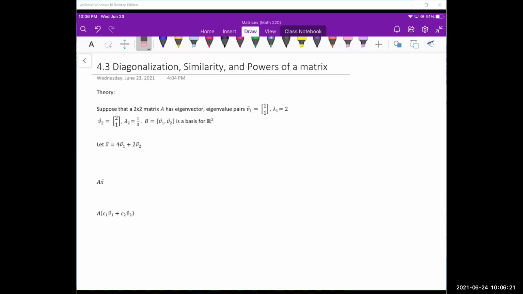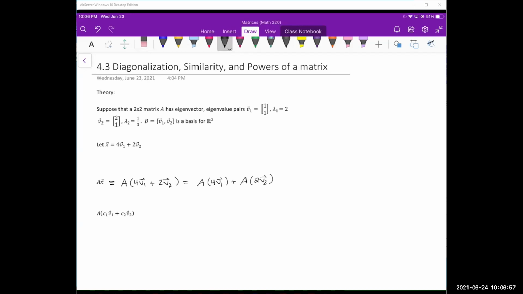If we take any old vector, in this case we're going to look at the example x equals 4 times v1 plus 2 times v2. Knowing the way to write this vector x in terms of our eigenvectors makes it easy for us to compute A times this vector. Because we can write this as A times 4v1 plus A times 2v2.